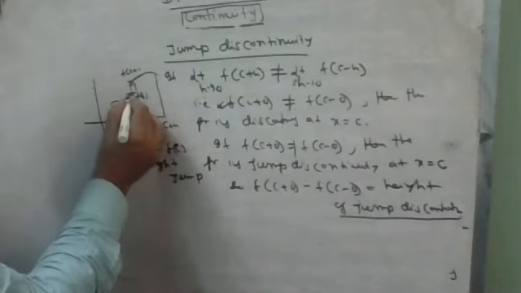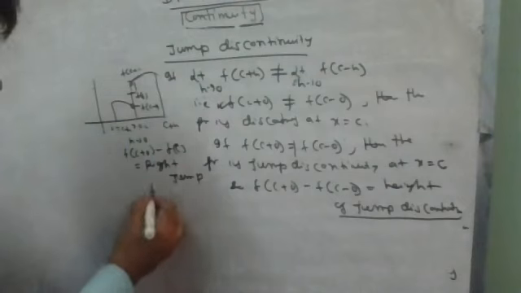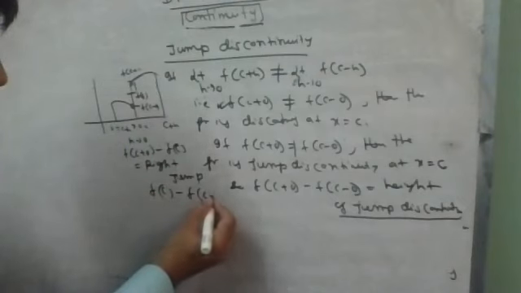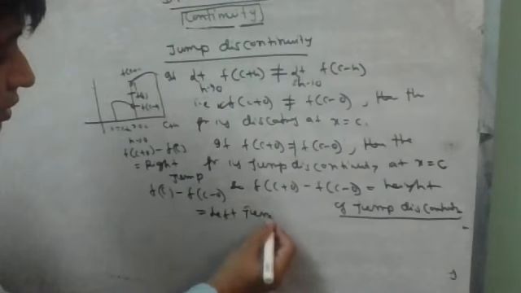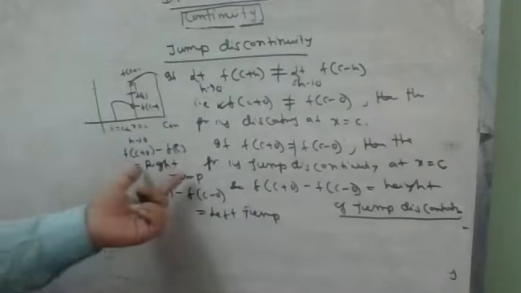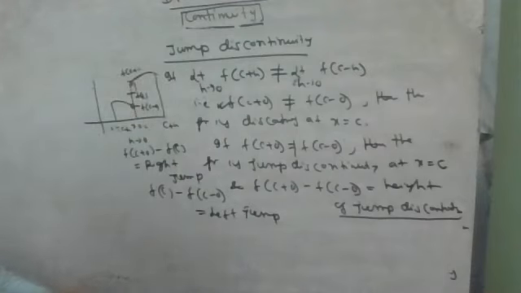And f(c) minus f(c-0) is called the left jump. Right jump discontinuity, left jump discontinuity.